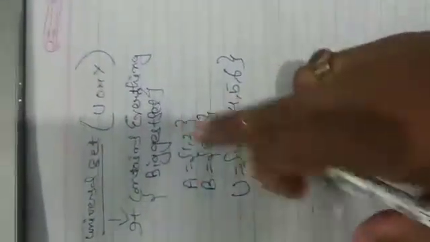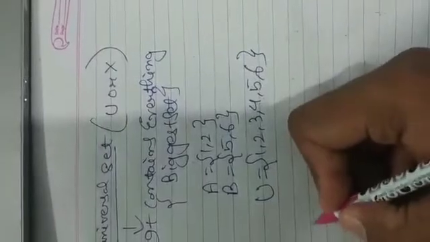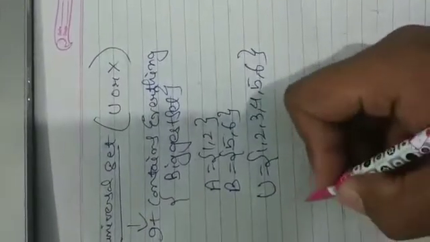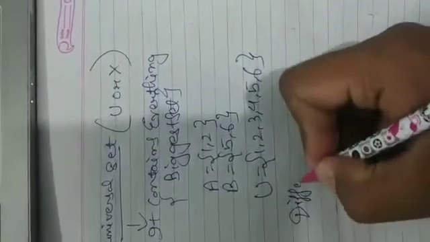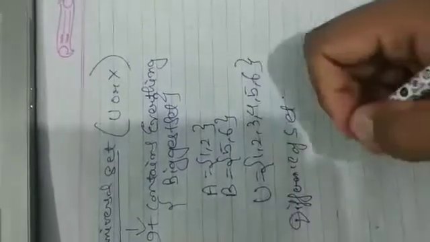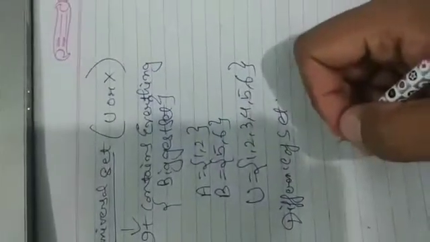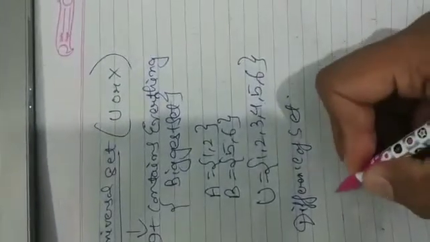So we have A {1, 2}, B {5, 6} and U {1, 2, 3, 4, 5, 6}. Next, the difference of sets.